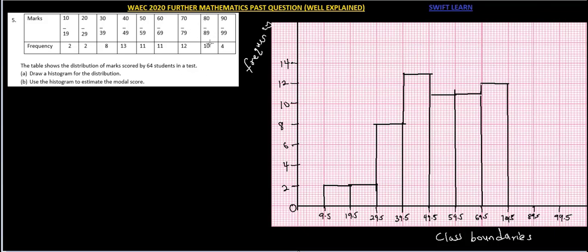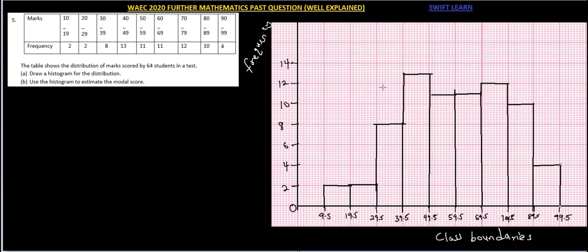We have 79.5 to 89.5, which is 10. So our 10 is marked out here. From here, draw this to have 10. Then this is 4, so 4 should be this. So that we have a very rough sketch, I must confess, of our work here.